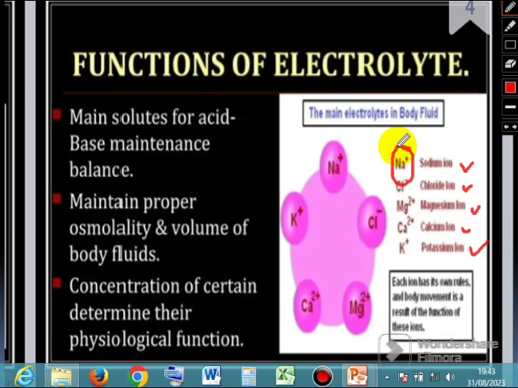What is the function of calcium ion? It helps in the contraction of smooth muscles. Smooth muscle contraction. Okay, that's a good one.